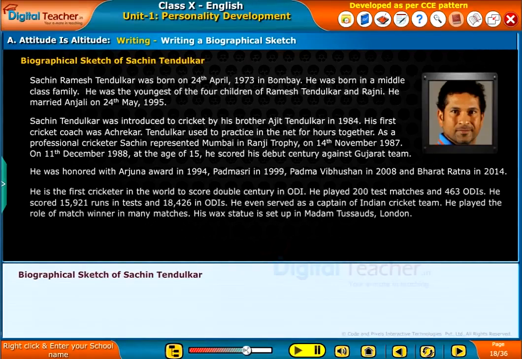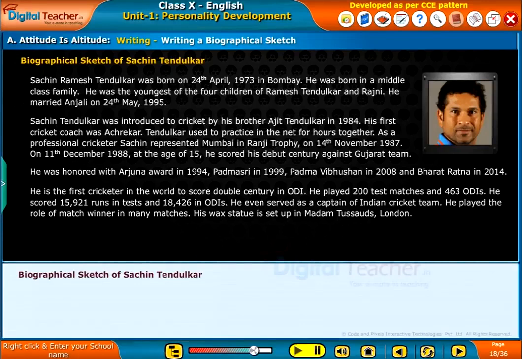He is the first cricketer in the world to score a double century in ODI. He played 200 test matches and 463 ODIs. He scored 15,921 runs in tests and 18,426 in ODIs.